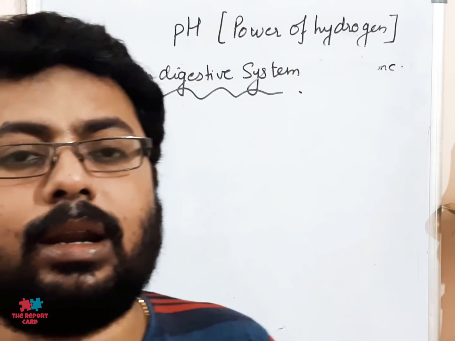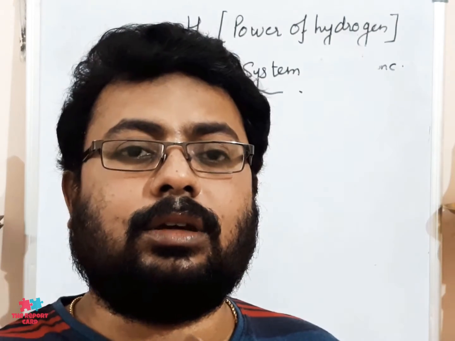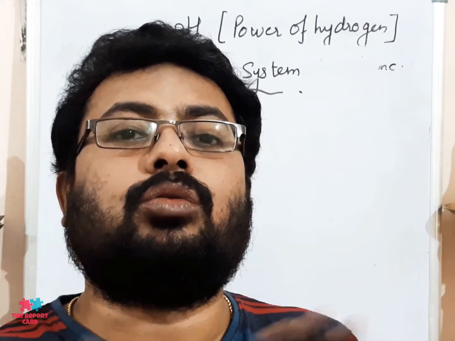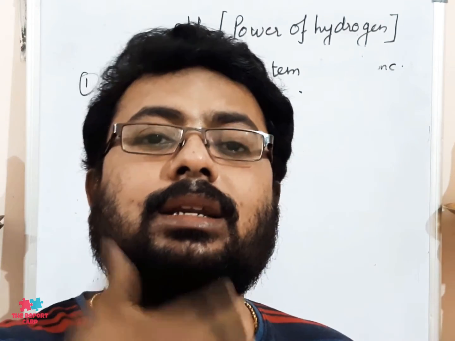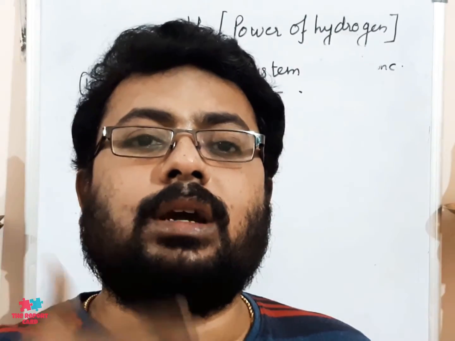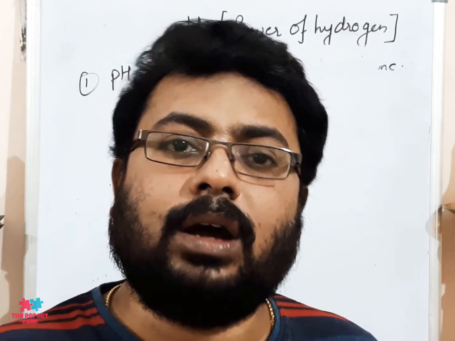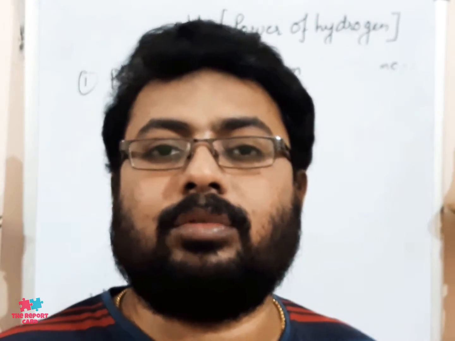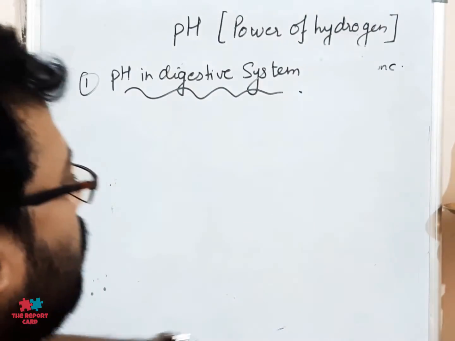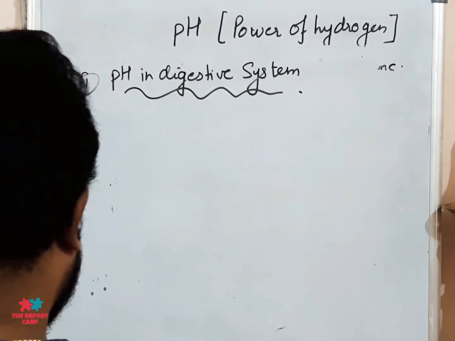This alkali neutralizes the acid and increases the pH, due to which we get rid of the problem of hyperacidity. Even baking soda, sodium bicarbonate, is used as an antacid. So this was the pH in the digestive system.